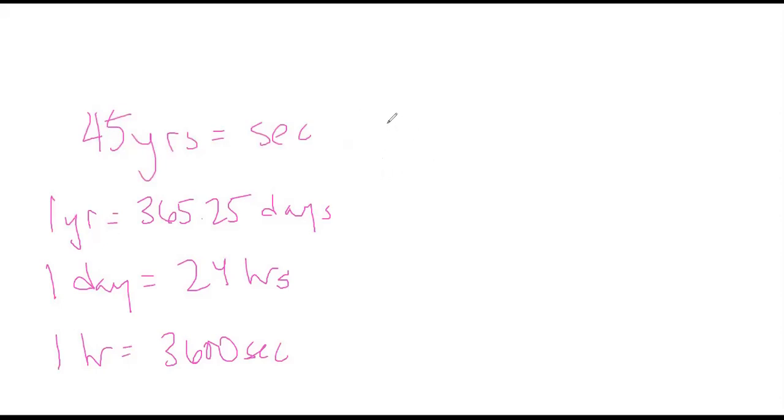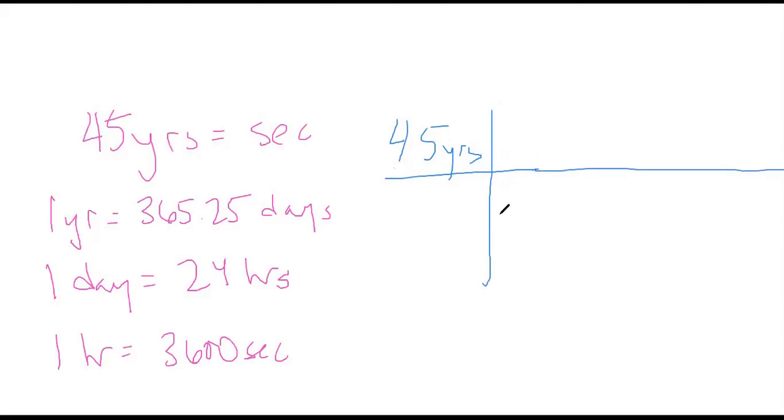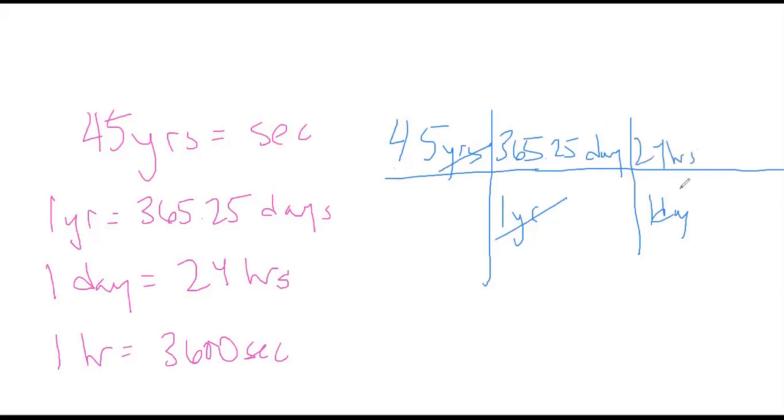We start with 45. That's where we want to start. 45 years. Made that a little big. Let's hope I can fit all this. Then we just cancel out units. 1 year, 365.25 days. Years cancel. 1 day, 24 hours.